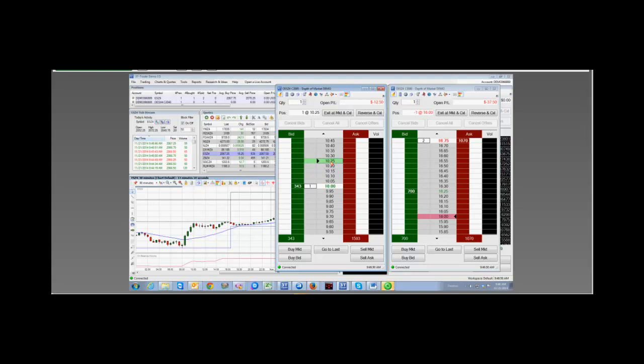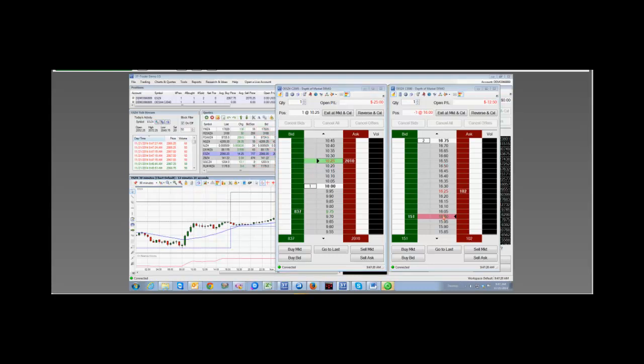Whether you buy it or sell it hinges on whether it's a credit or a debit spread. With a credit spread, we want the market to go down, and we want the spread to tighten or narrow. With a debit spread, we want the market to go up, and we want the spread to widen or diverge, get further apart.